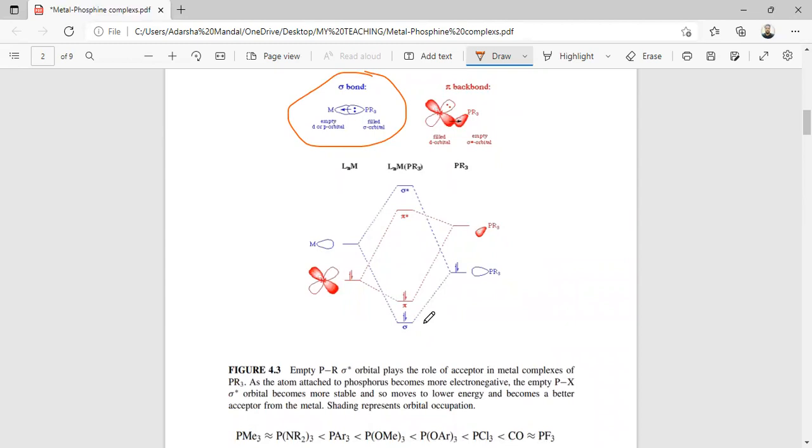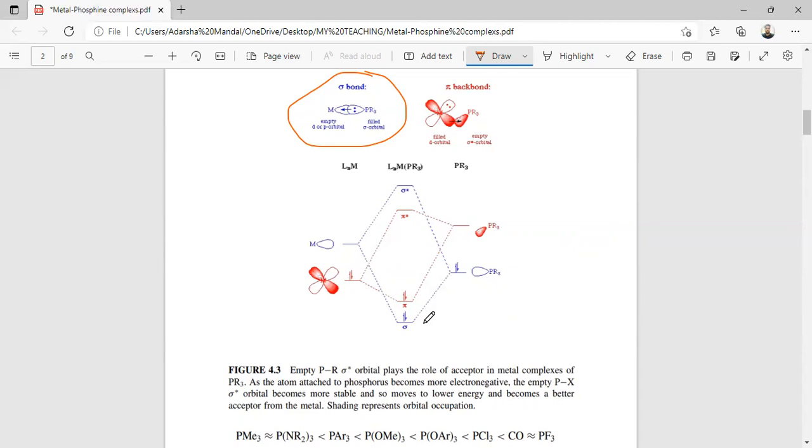The empty sigma star orbital of the P-R bond plays the role of acceptor from the metal complex of the PR3. As the atom attached to the phosphorus becomes more electronegative, the empty sigma star orbital becomes more stable, so it moves to lower energy and becomes a better acceptor from the metal.